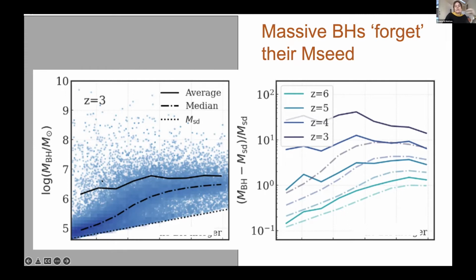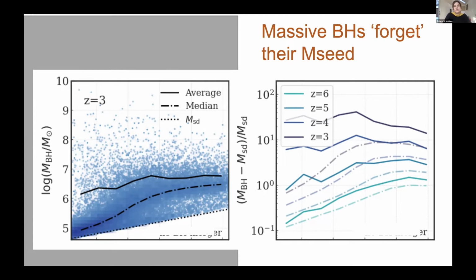And basically, we're not seeing any trace that by even redshift, sorry, in this case, it's redshift 3, but even at redshift 6, this distribution is extremely flat. So black holes that we observe, the first quasar at redshift 9 and 10, at masses of 10 to the 9, 10 to the 8, 10 to the 9, and so on, they don't keep their information about the seed masses. They've definitely erased it.